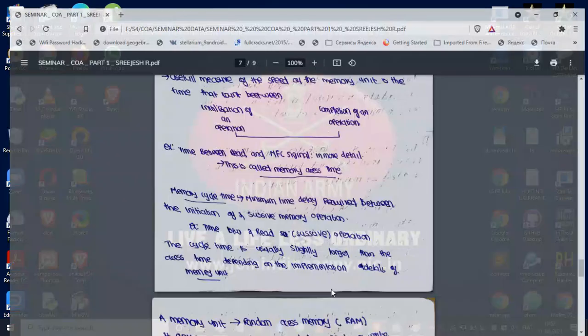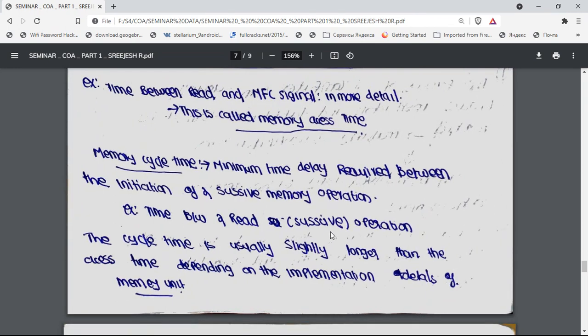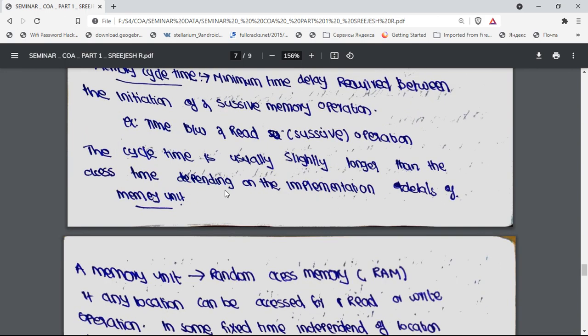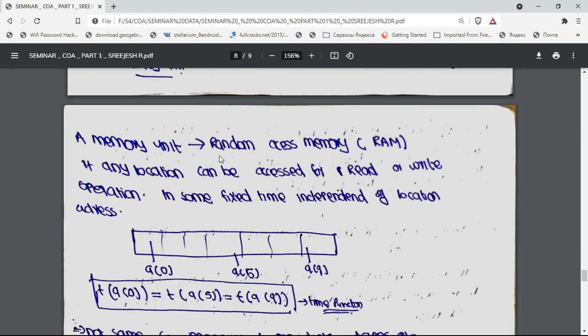It can be two reads or two writes, anything. It depends on the implementation of the memory unit, whether it is larger or smaller.